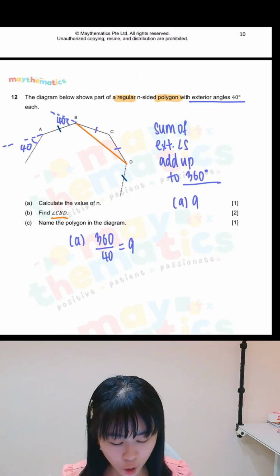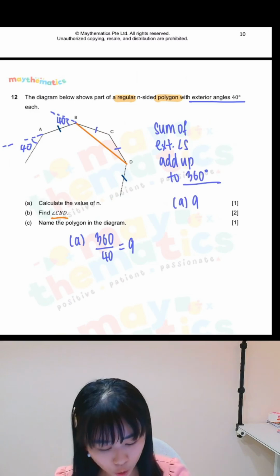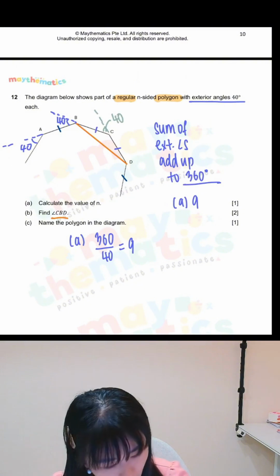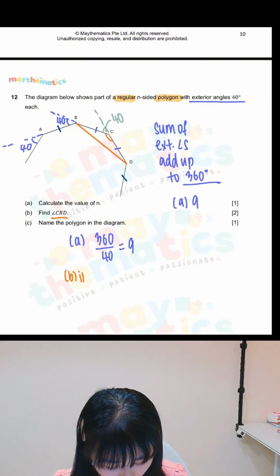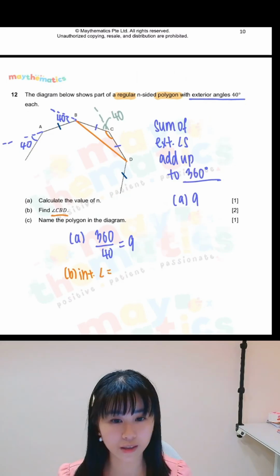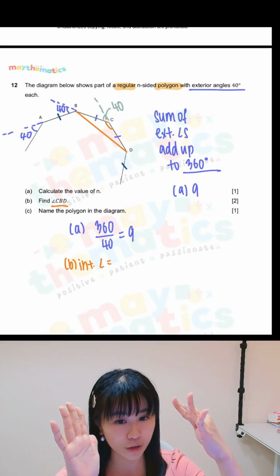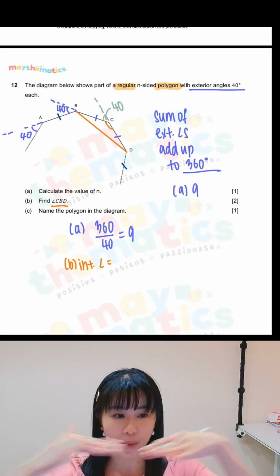Once we are able to spot the isosceles triangle, remember, if your exterior angle is 40 degrees, what is your interior angle? How do you find the interior angle? Remember, interior and exterior angles add up to a straight line, how many degrees?